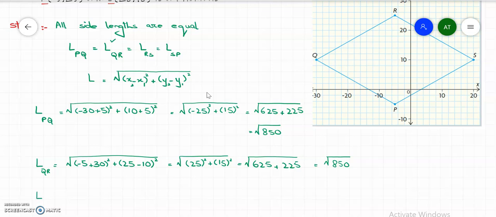The third side length is side RS. You name the R coordinates as x1, y1 and the S coordinates as x2, y2. So it would be the square root of (x2 minus x1) whole square, that is 20 plus 5 whole square, and (y2 minus y1) whole square, that is 10 subtract 25 whole square, right?